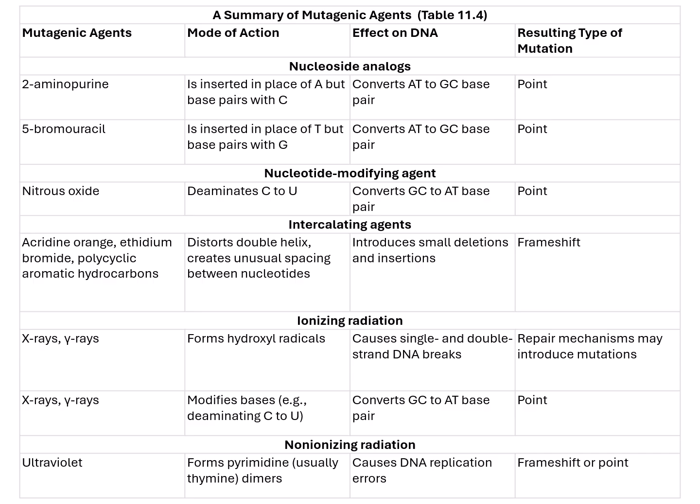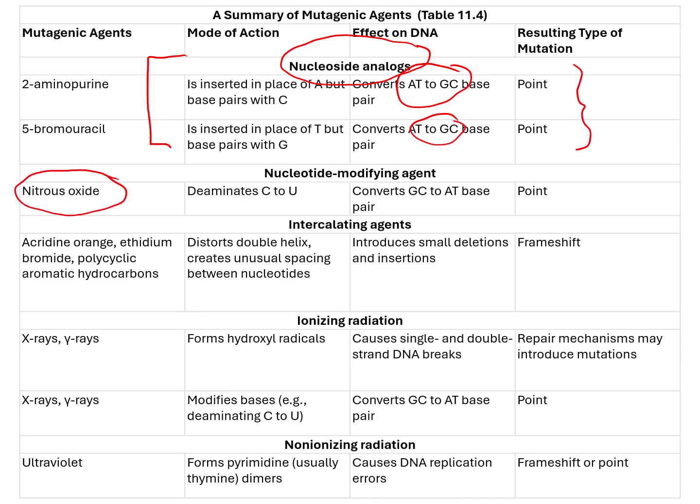And our book has a great table of these different mutagenic agents. We have our nucleoside analogs. Remember, these look just like one of our nucleosides, but they're not, and they change the base pairing. So these were point mutations. We also had that chemical that modified our base and converted cytosine to uracil. So that also results in a point mutation.